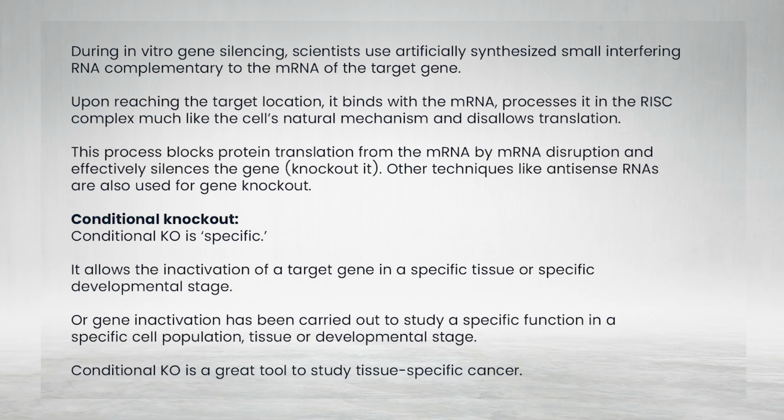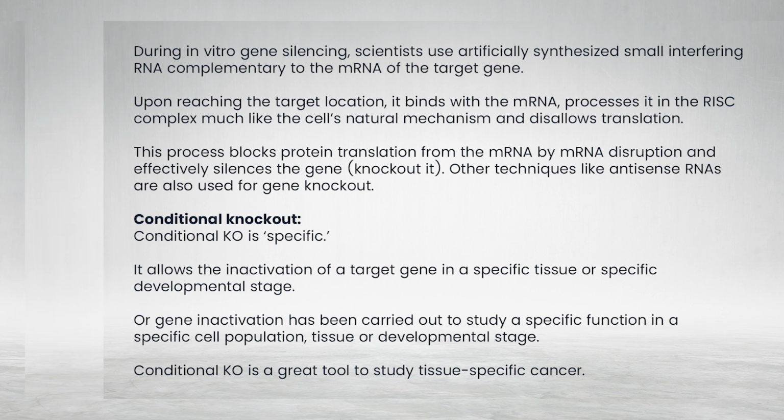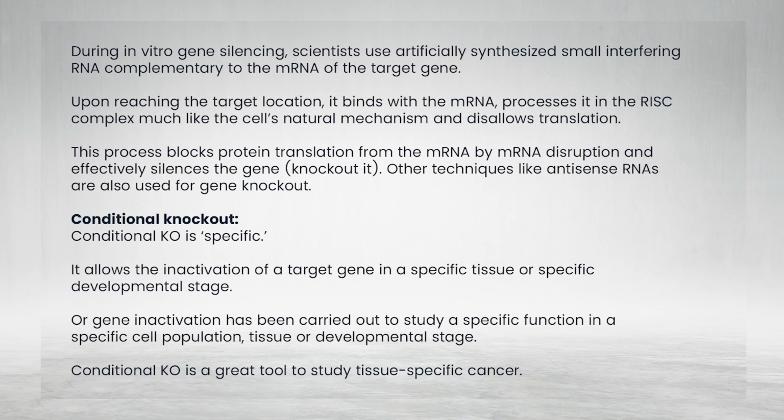Upon reaching the target location, it binds with the mRNA, a process in which the RISC complex, much like the cell's natural mechanism, disallows translation. This process blocks protein translation from the mRNA by mRNA disruption and effectively silences the gene. That is, basically the gene is knocked out. Other techniques like antisense RNA are also used.